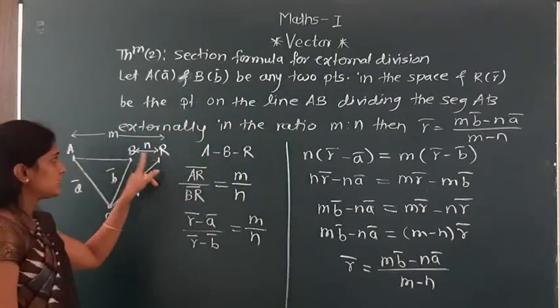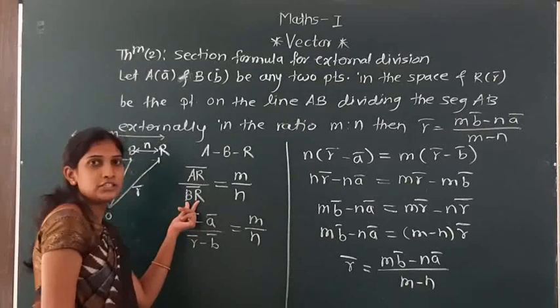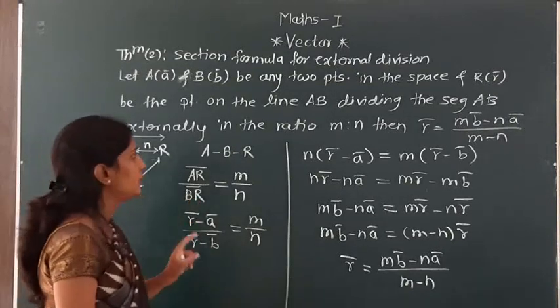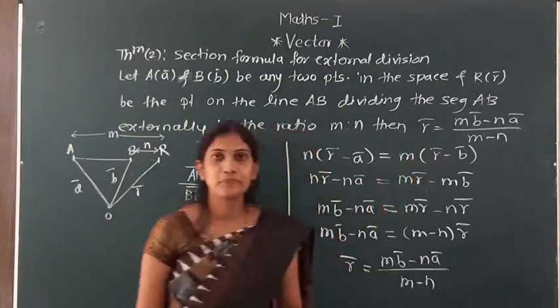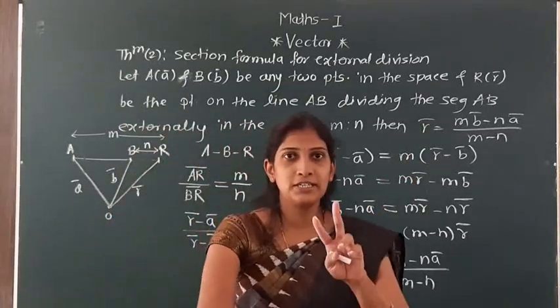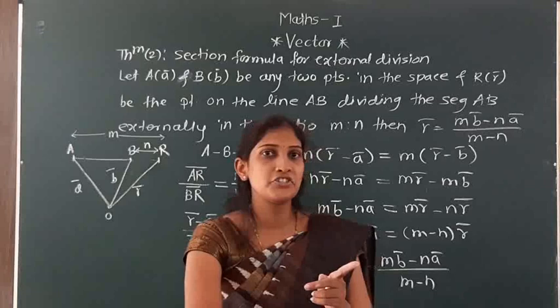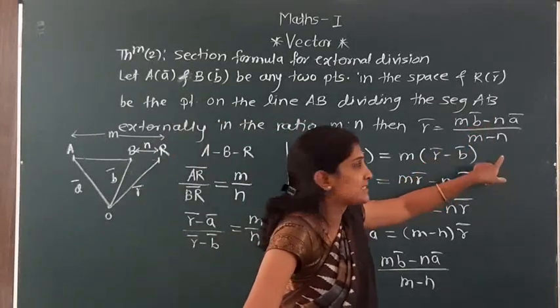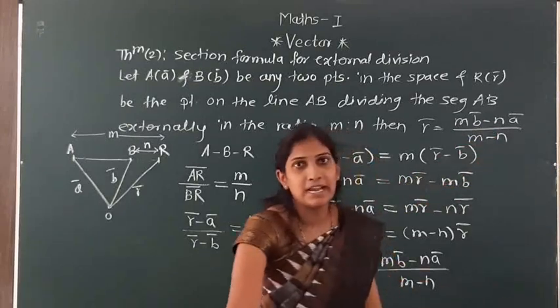Here the division is external, so for that we take BR bar, not RB bar. Remember this step and this formula. So there are two formulae. The first is for internal division, where the sign is plus, and for external division the sign is minus.